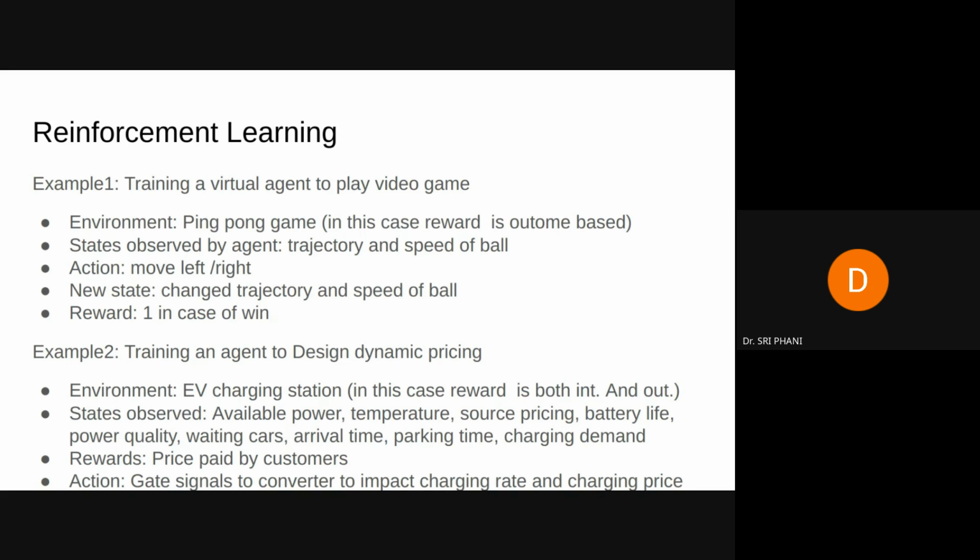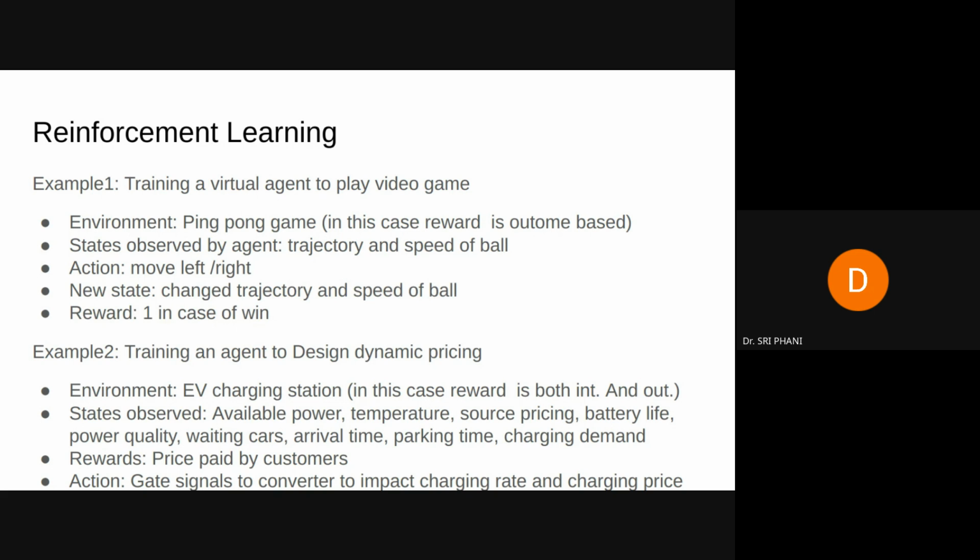This is very often used in computer science for game theory, like training a virtual agent to play video games and so on. Training an agent to design dynamic pricing, that is, in your electric vehicles, how much price should be put so that people will be attracted to stop at your charging station. Because if you look at energy markets, some people will sell in short-term energy markets.